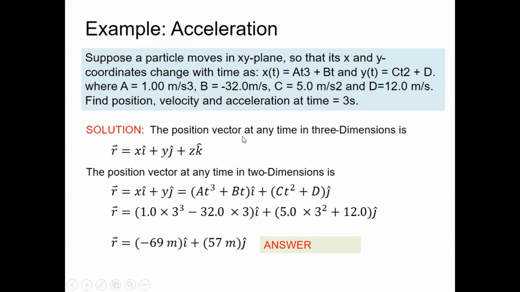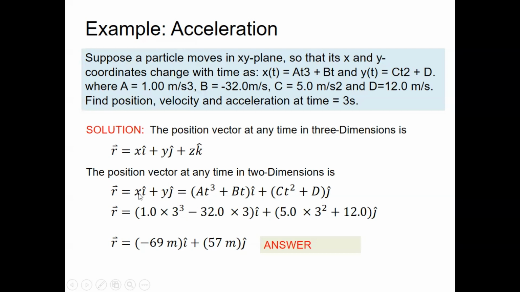For the solution, first we write the position vector for any time in three dimensions: r vector equals x times i unit vector plus y times j unit vector plus z times k unit vector. The position vector at any time in two dimensions is given by this, because for two dimensions the z component will be 0, therefore it will be x times i unit vector plus y times j unit vector.